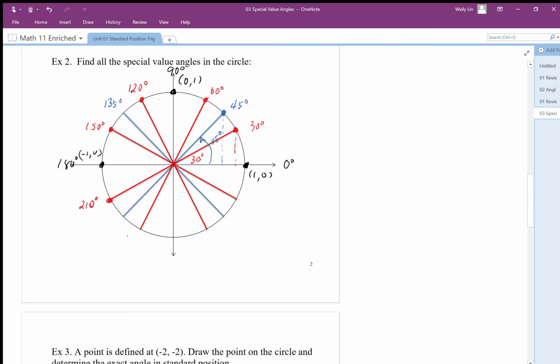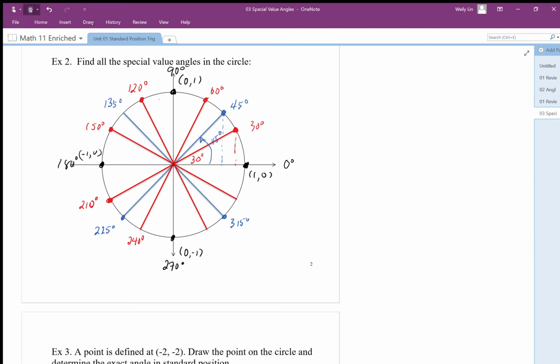This is going to be 240, and in between it's going to be our 45-degree position, which is 225 degrees here. And then this position here gives us 315. At the very bottom we have 270 degrees, which is the bottom position, and that's going to be at 0, negative 1.